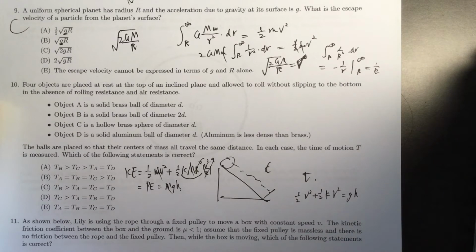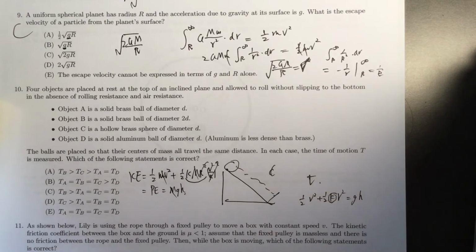So we see that the diameter of the object and the mass of the object are independent of the velocity. If it's independent of the velocity, it's independent of time. So the only thing that matters is this value, little k here.